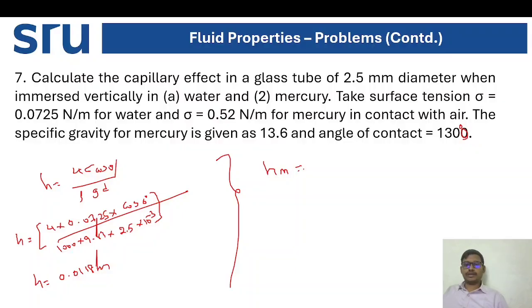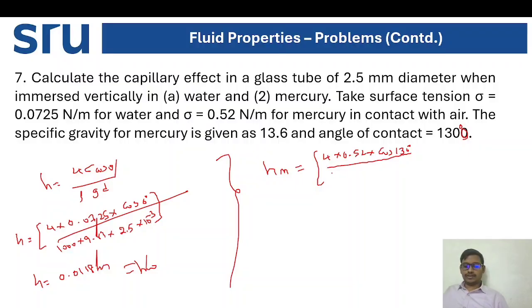Now we go to the other H, that is mercury. H mercury is equal to, the same formula we can use, 4 into 0.52 into cos 130 degrees.